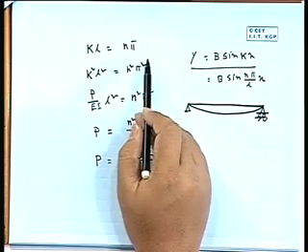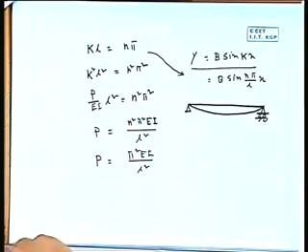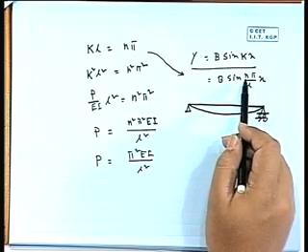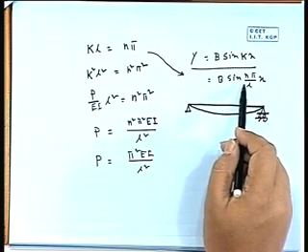From here, if we substitute k, it will be y equal to b sin n pi by L into x. So if n equal to 1, it will be b sin pi x by L.